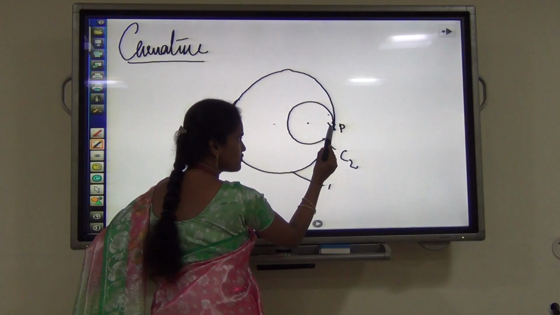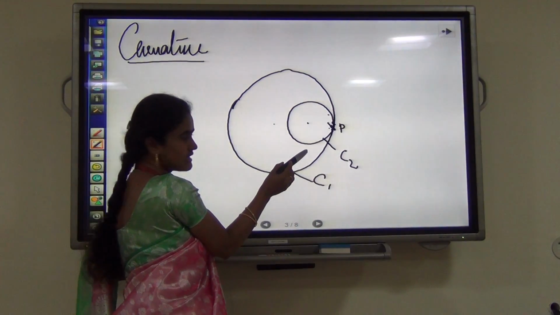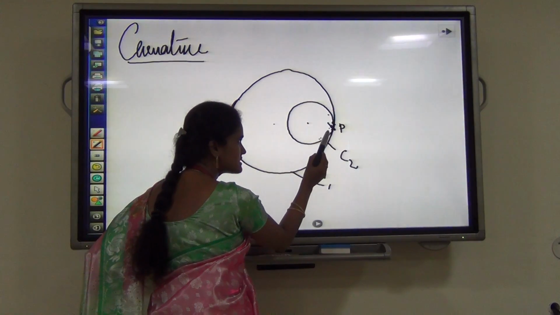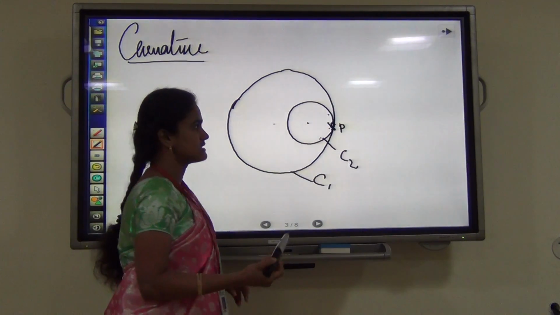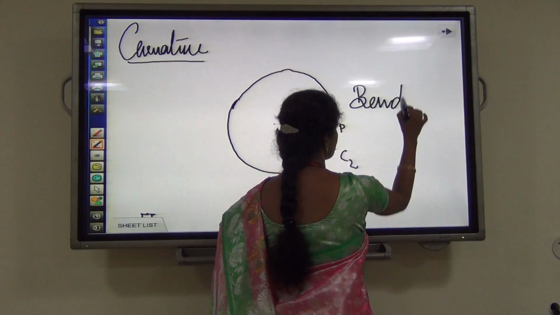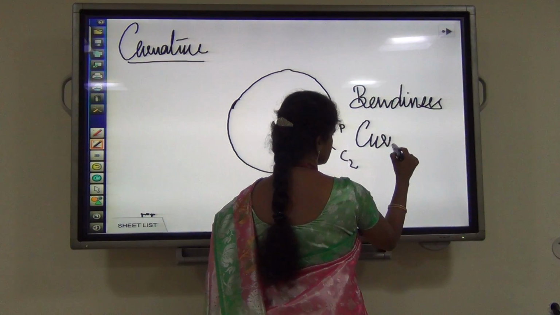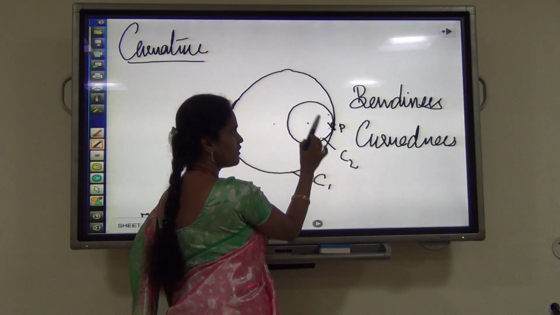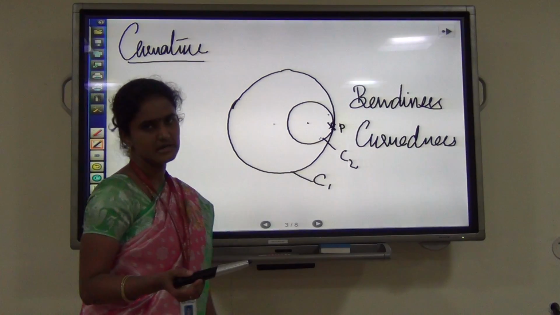When you look at the figure itself, you can understand that the bendness of the smaller circle will be more than the bendness of the larger circle. That bendness we can also call bendiness or curvedness. So the curvedness of the smaller circle will be more than the curvedness of the larger circle.